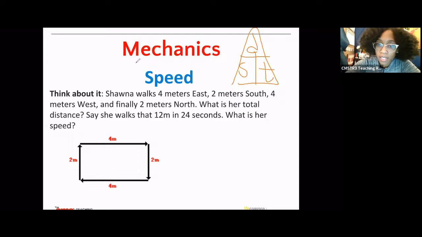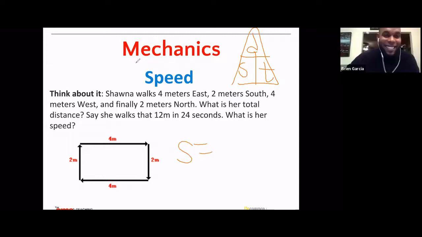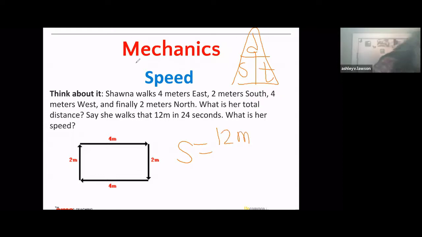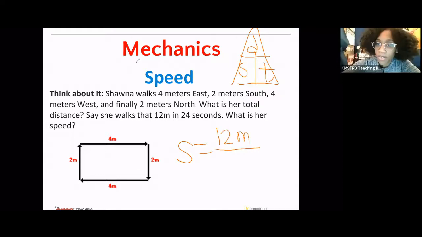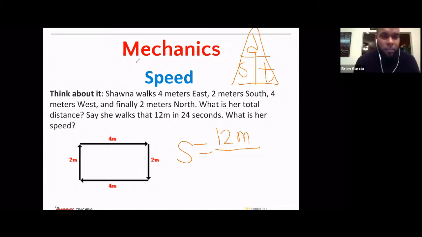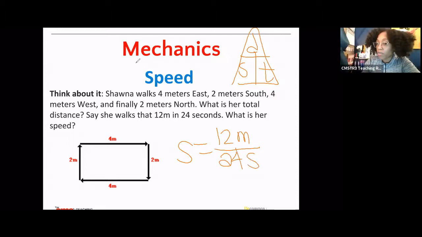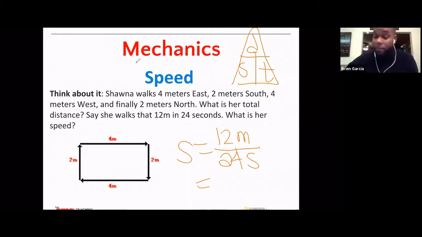What is my distance? Yeah, because my distance is what? 12 meters. And I'd walk that 12 meters in how many seconds? 24 seconds. That means I am Speedy Gonzalez. 12 over 24 is the same thing as saying 1/2.